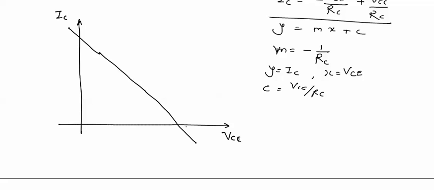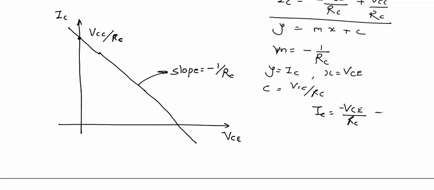In this line the slope is minus 1 by RC, y-axis is IC, x-axis is VC, and intercept on y-axis is VCC upon RC. Now if we put this equation of IC is equal to minus VCE upon RC plus VCC upon RC, if we put IC equal to 0, this point can be obtained.